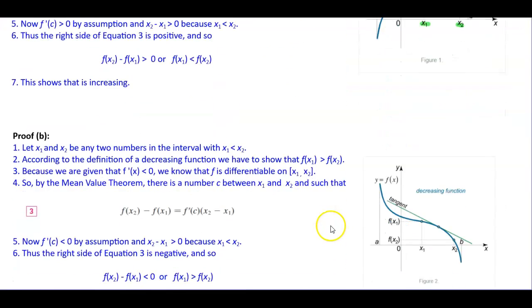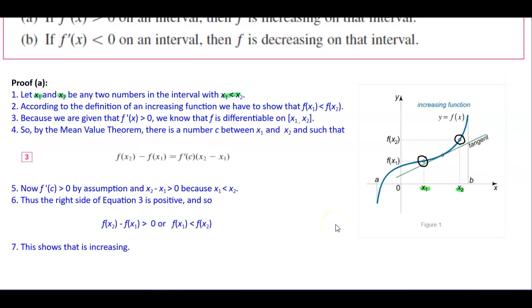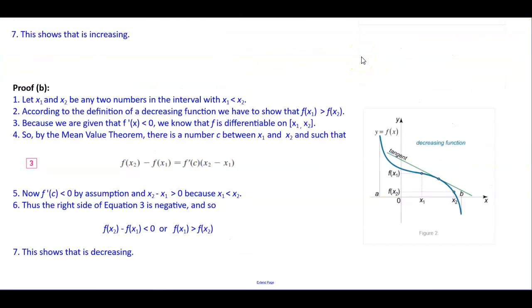So let's take a look at proof B. For part B, if f prime of x is less than 0, meaning the slope is negative on an interval, then f is decreasing on that interval. In proof part B, we again let x1 and x2 be any two numbers on the interval, where x1 is less than x2.